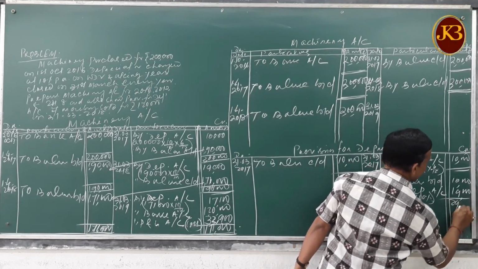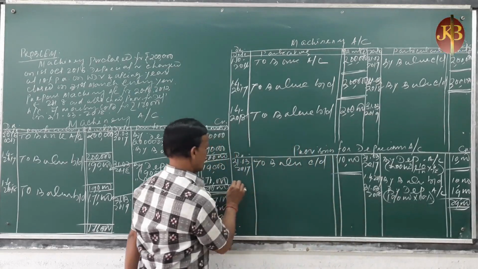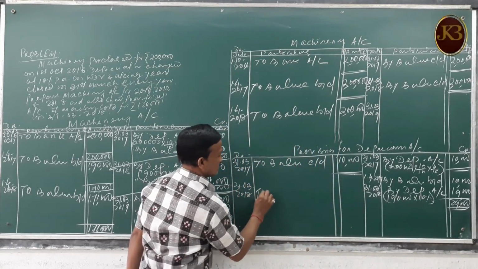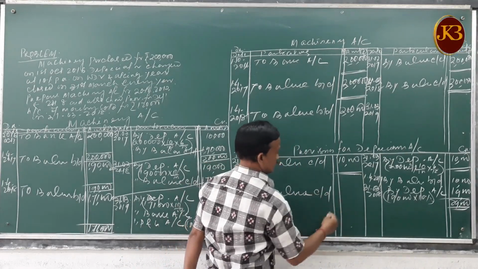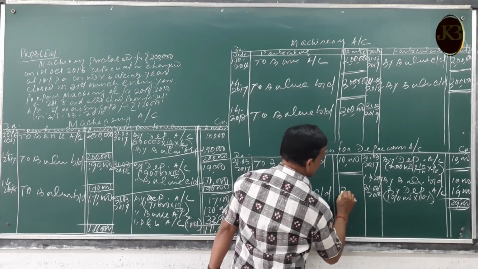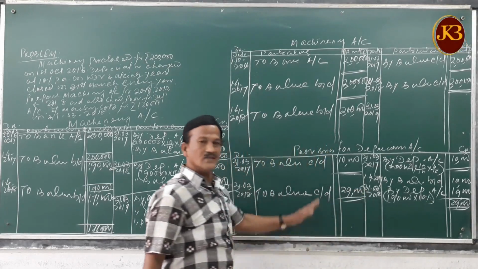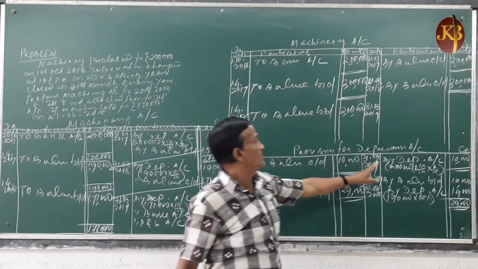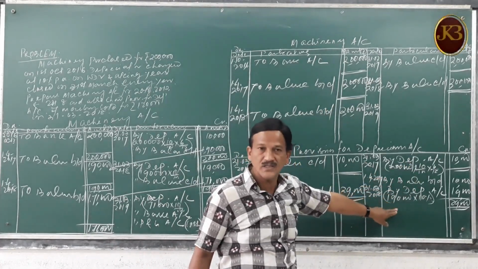So 29,000. That is 31st March 2018, to balance carried down 29,000. So this is till 31st March 2018. First year 6 months depreciation, second year full depreciation 19,000.